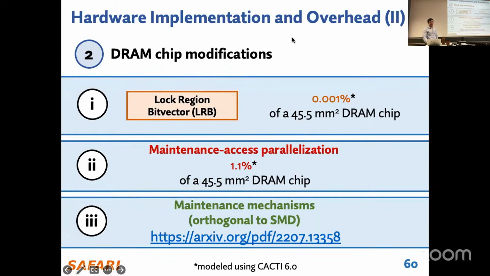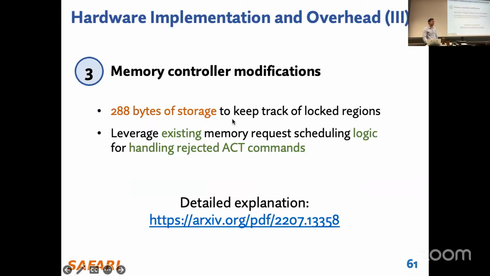This is the summary of DRAM chip modifications introduced by SMD. They're very small. And the memory controller also needs some additional storage to track regions that are undergoing maintenance, so that it won't repeatedly try to activate the same region before TRI passes, right?